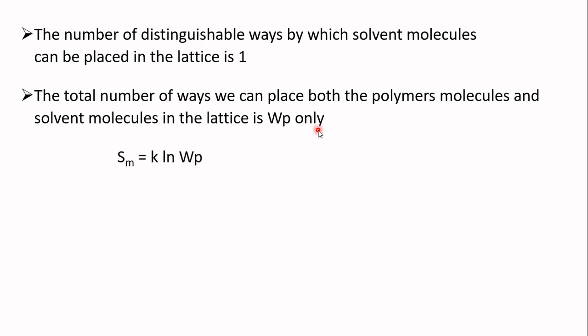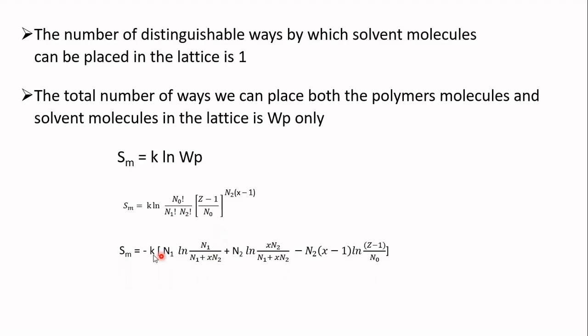Then according to Boltzmann thermodynamical statistics, Sm, the entropy of mixing, will be equal to k into natural logarithm of Wp. Now you substitute the value of Wp in this equation, and on simplification, you will get this equation for entropy of mixing.